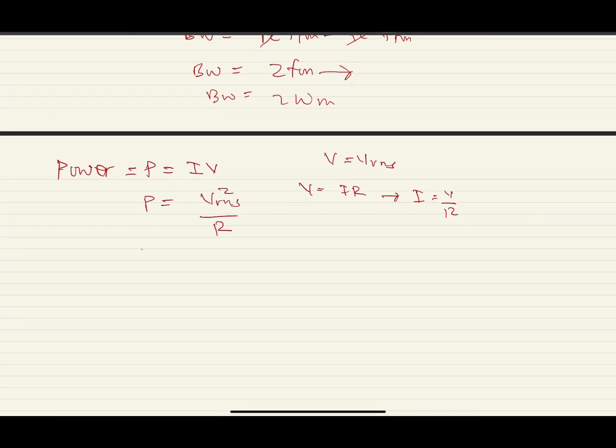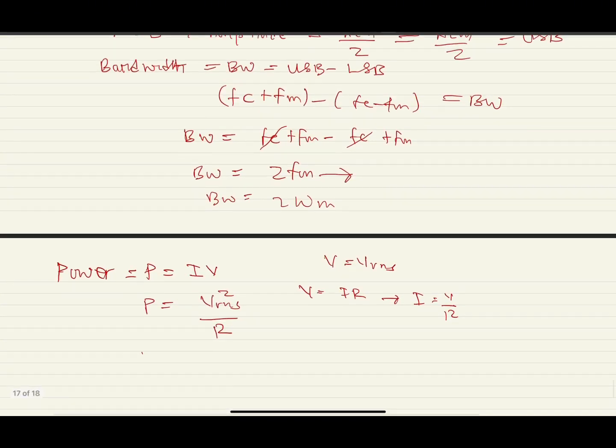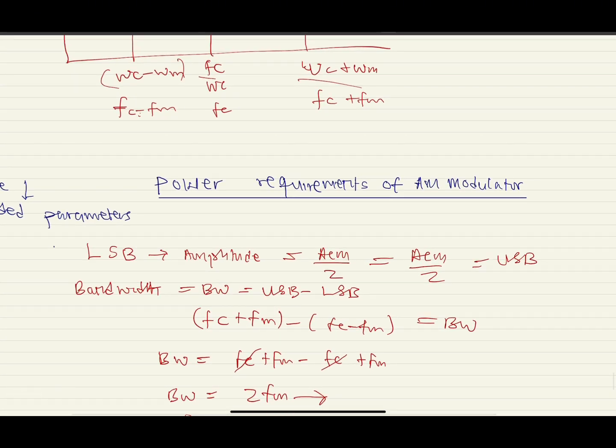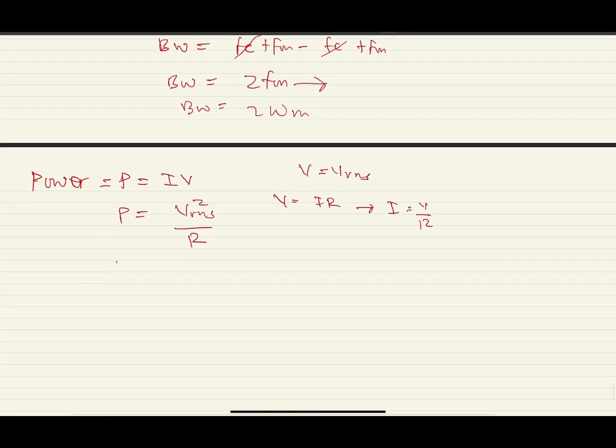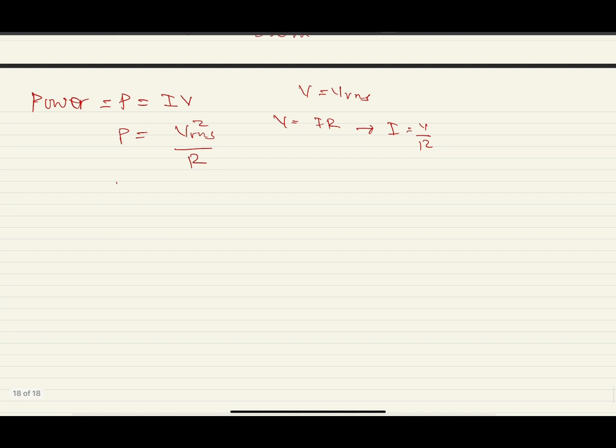Since we have an RMS value, and the amplitudes in the equation are normal peak values, let me say VM, we need to convert VRMS into a normal peak amplitude.